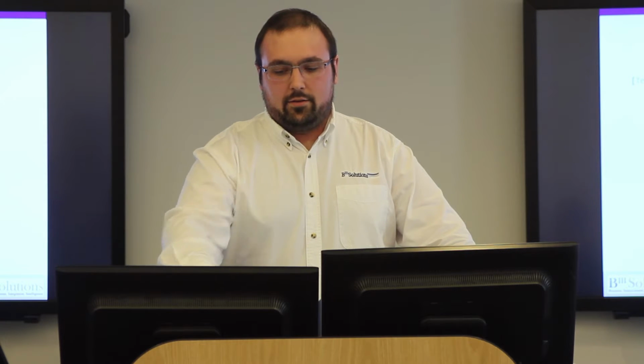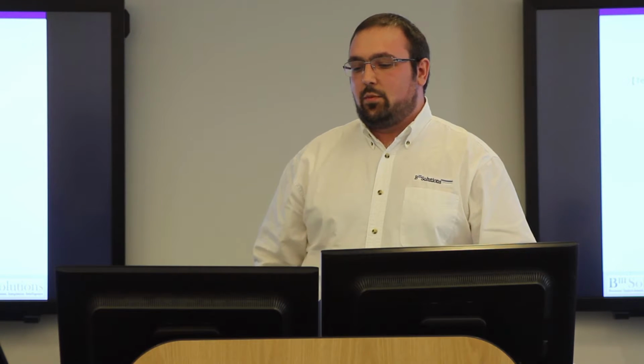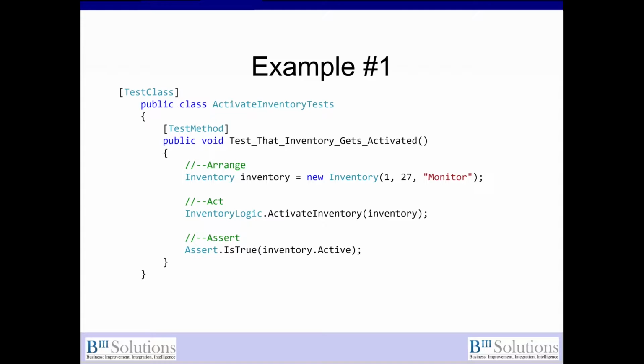A good naming convention is that Activate Inventory is the actual method that we're attempting to test, so this class is going to test that method. Then you can see we've got the test class attribute applied to that. That lets Visual Studio know that there are tests in here, so when we attempt to run the tests, it knows where to find them.